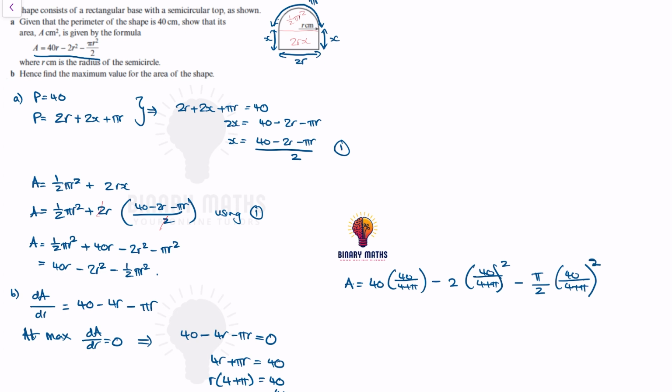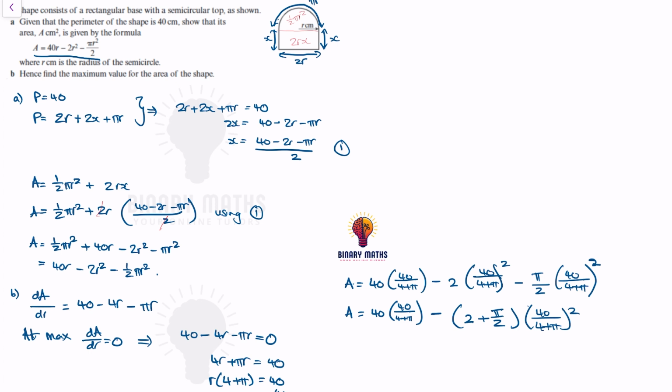Okay, so I know the last two terms can be factorized. So area will be equal to 40 times 40 over 4 plus pi. Because 40 over 4 plus pi squared is a common factor, and I've got 2 plus pi over 2 here because I've got a negative in the front. So that's how I factorize these two.